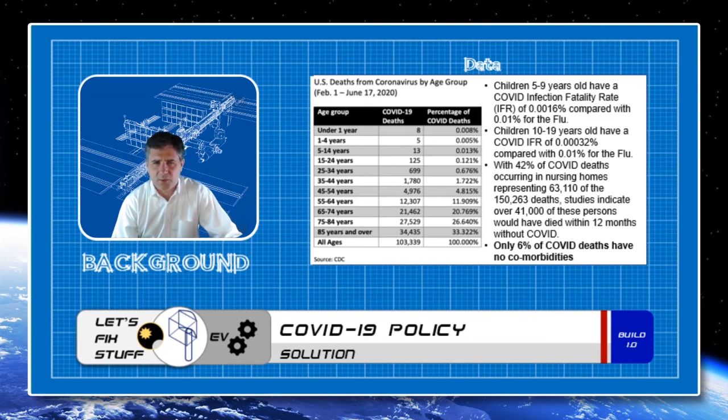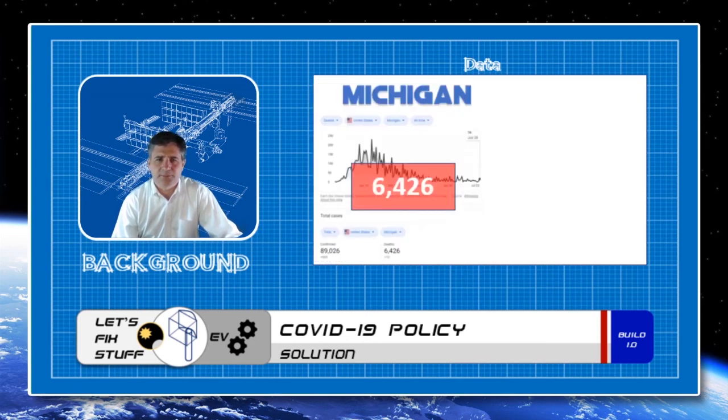So, in other words, it highlights that if you're healthy, only 6% of the folks who were otherwise healthy actually died of COVID-19. In 94% of the cases, individuals were suffering from some other serious illness at the time of death while they were infected with COVID-19.